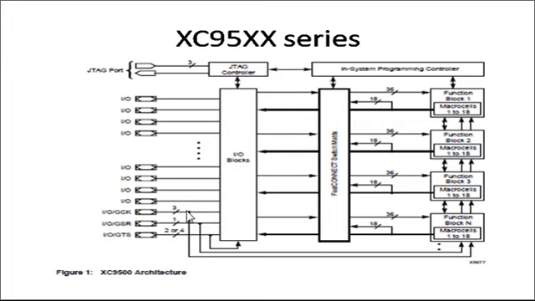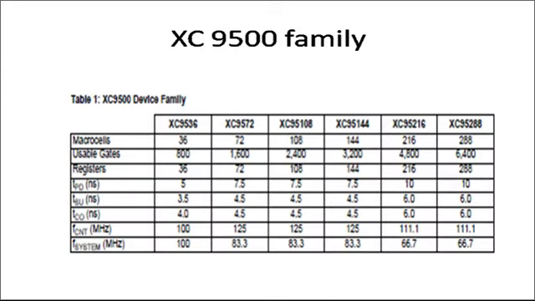But before going to the architecture, let us have a look at the variants in the 95 series. The 95 series contains these many devices: 9536, 9572, 95108, 95144, 95216 and 95288.